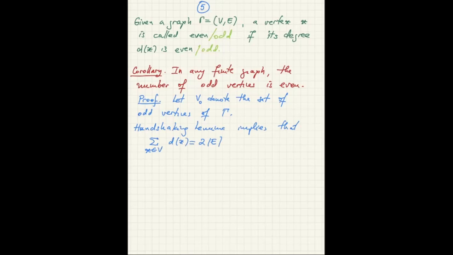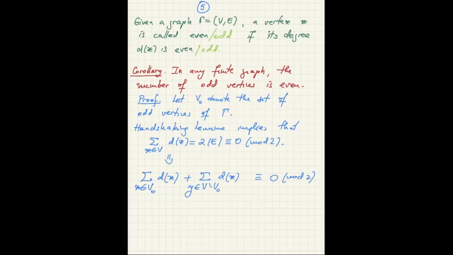But this is an even number, so looking modulo 2, this is 0 mod 2. Now the sum of the degrees can be split into the sum over all x in V0, the ones that are odd, plus the sum over all y in V minus V0 of d(y), those that are even. This will still be congruent to 0 mod 2.